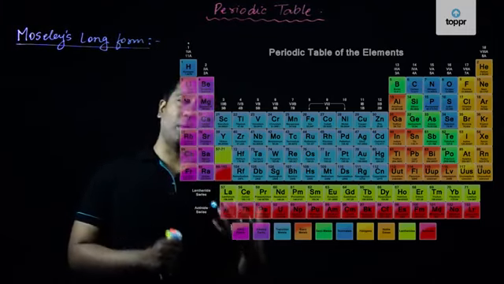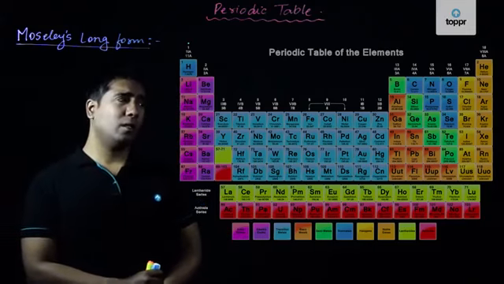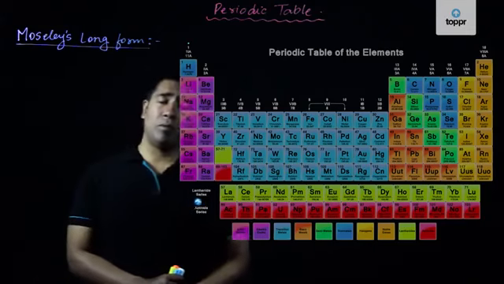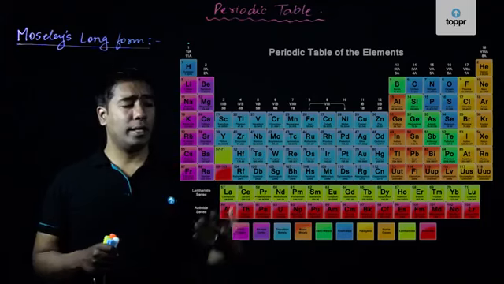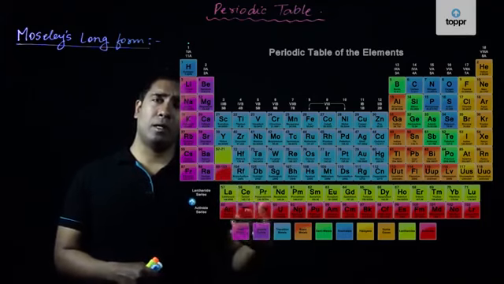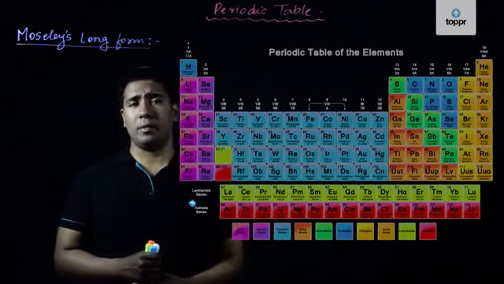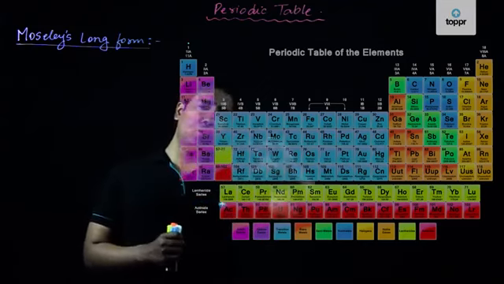The drawback of the modern form of the periodic table is very obvious, as you can see. Here we don't have all the 32 elements which are present in the 6th and 7th periods placed together.